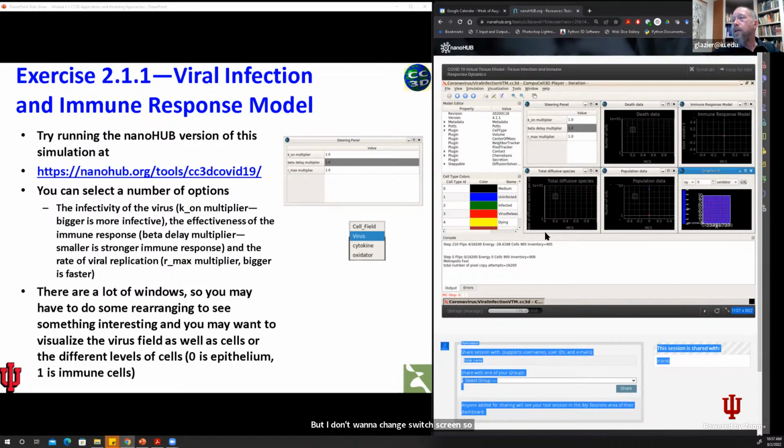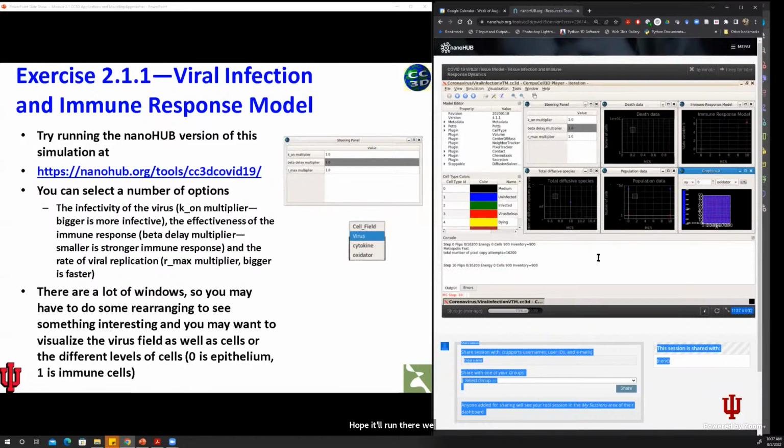So here I'm going to run it. Hope it'll run. There it goes. Boy, NanoHub is slow this morning.